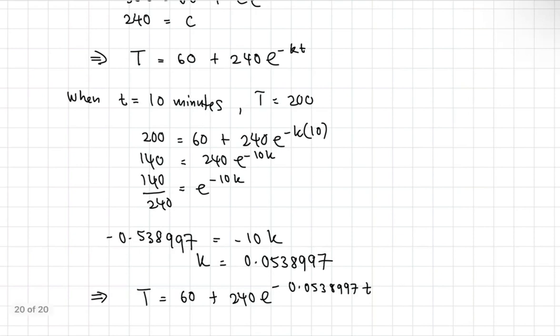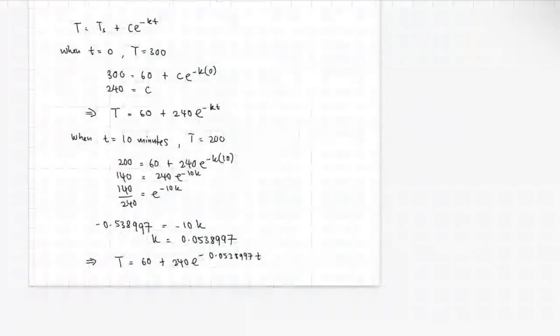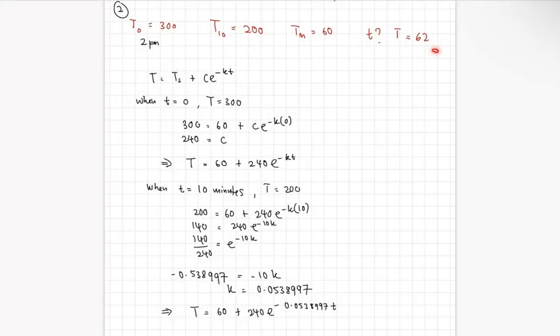So this is our equation. Next, we need to find the time when the cake cools down to 62 degrees Fahrenheit. When the cake temperature is 62, what is the value for t?